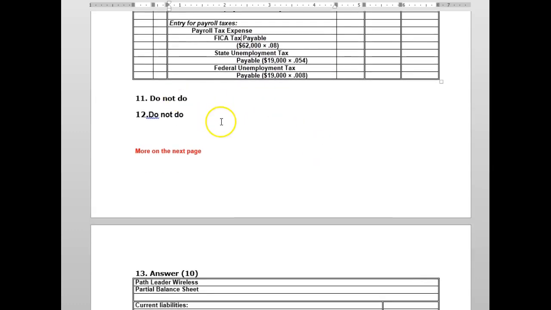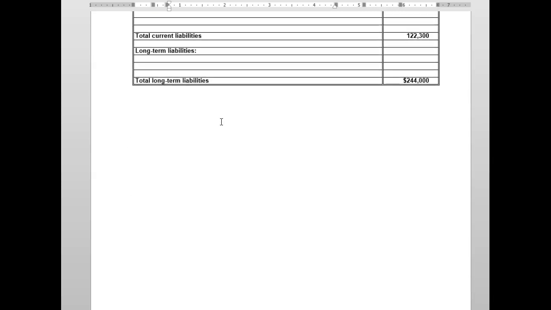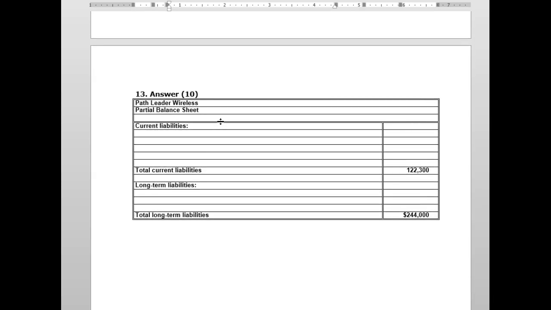You're not going to do 11 or 12, and this is going to take you to 13, and I believe the very last one. And 13 is going to be reporting liabilities on a balance sheet.